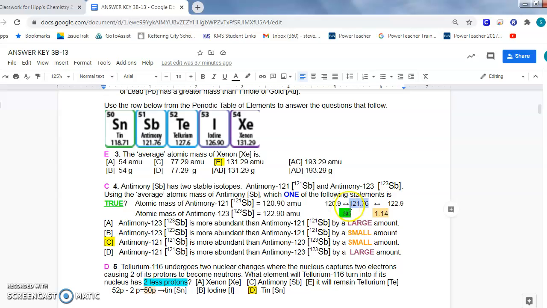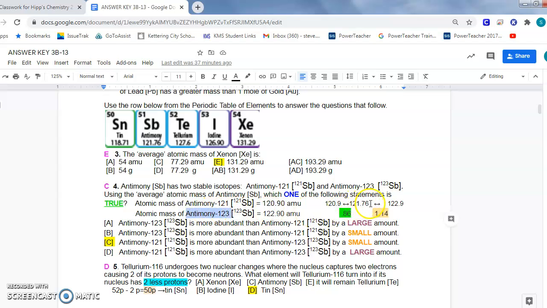So what we can conclude here is that it's slightly closer, not a lot closer, but slightly closer to the 120.9 number, which means that the 121 isotope of antimony, antimony 121, must be more abundant than the 123.